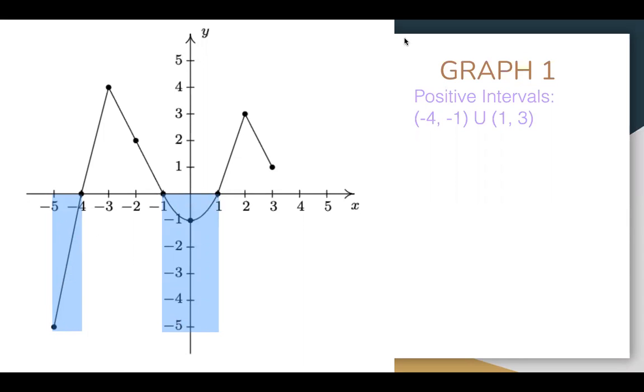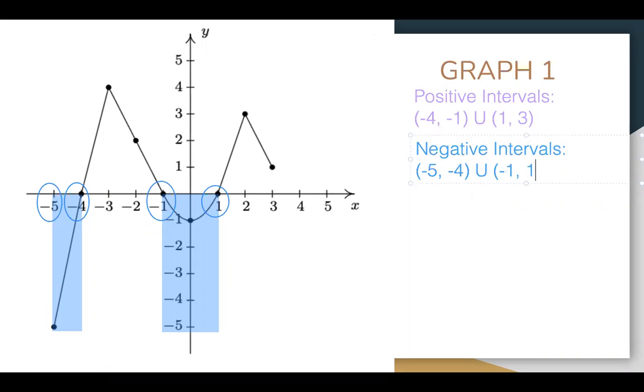So I have these two boxes. I'm going to do the same thing. This first one started at -5 and went to -4. The second one went from -1 to +1. So my negative intervals, -5, -4, and -1, +1.